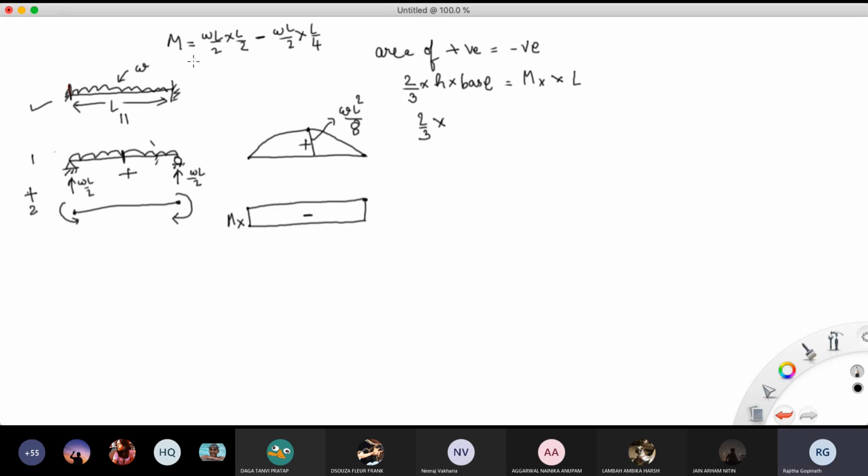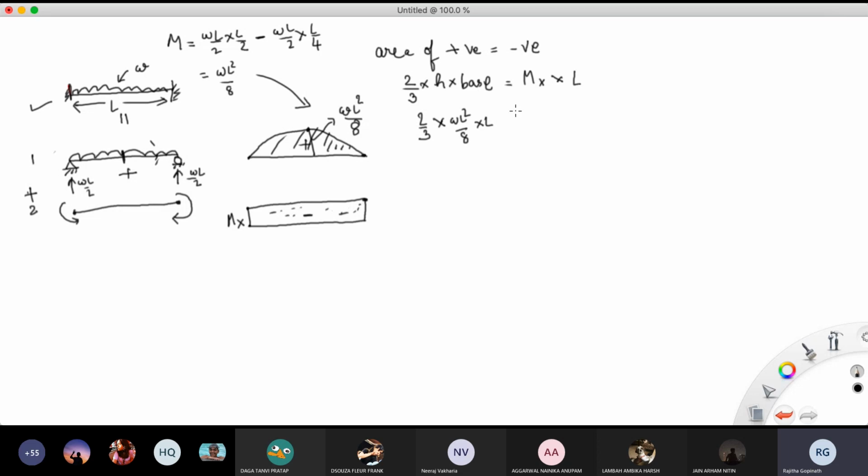So when you solve it, you will get WL square by 8, which is this one here. Anyhow, so height is WL square by 8 and base is L. So this is the area of this entire thing. This entire area has to be equal to this entire area.